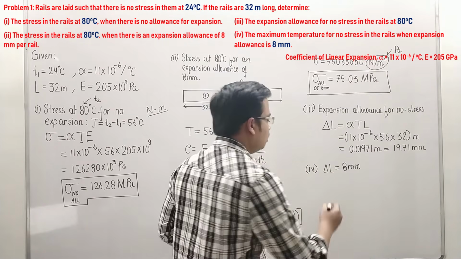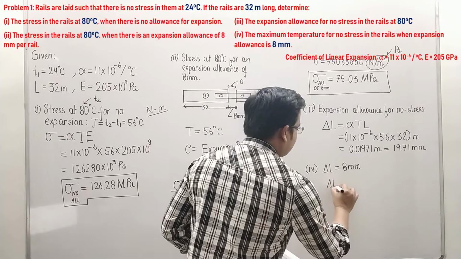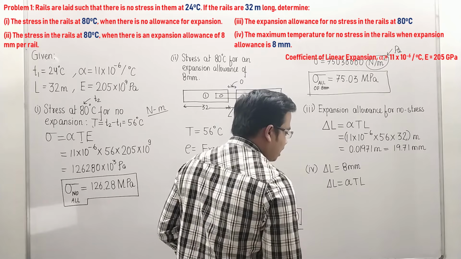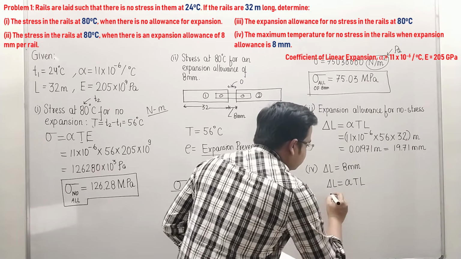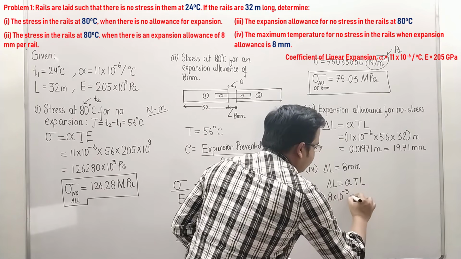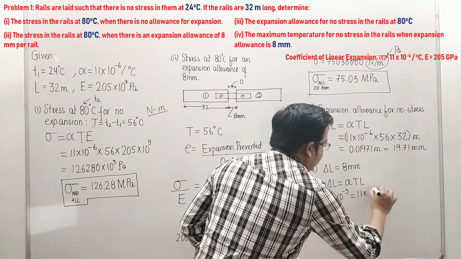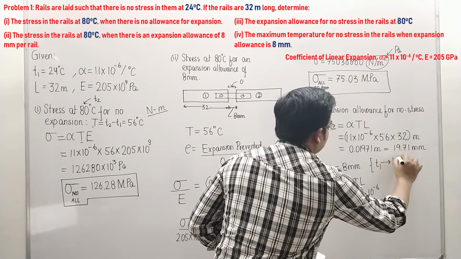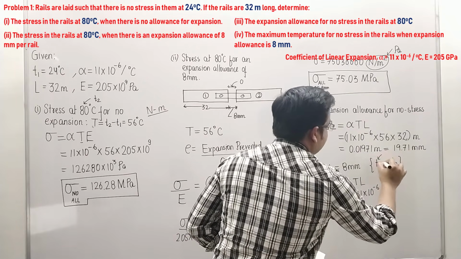This is also very simple. Now delta L you know very well. Delta L is represented by alpha, T and L. And delta L actually has been given as 8 millimeters. So 8 into 10 raised to minus 3. Alpha is 11 into 10 raised to minus 6. So right now the temperature is T1. We have to go to T2. Okay, T1 how much? T1 is 24.